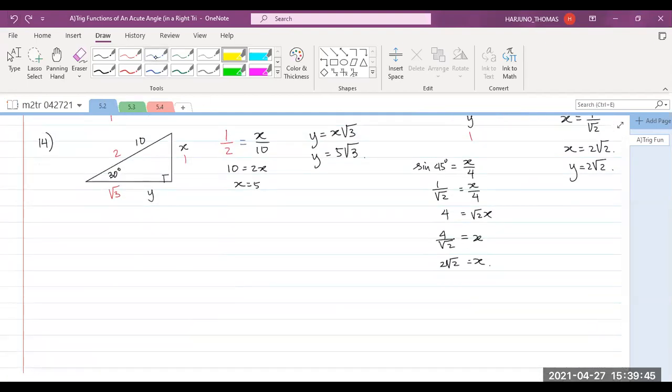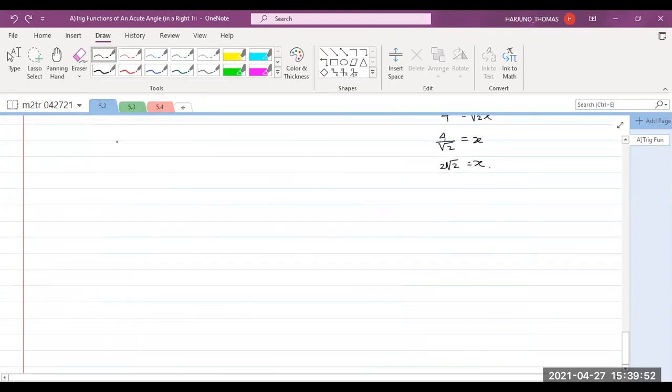Now, anyway, let me summarize our trig values of special angles for now. For angle theta, 30 degrees, 45 degrees, 60 degrees: sine theta, cosine theta, tangent theta.